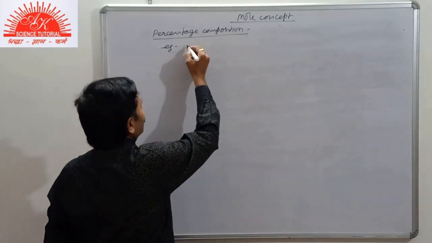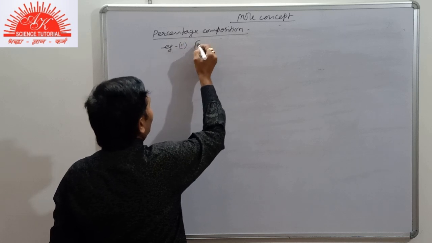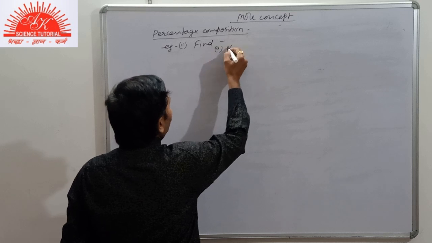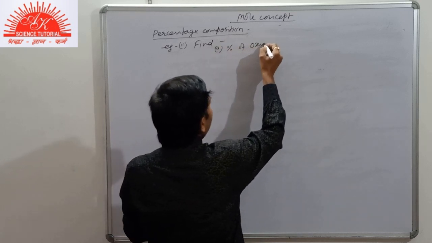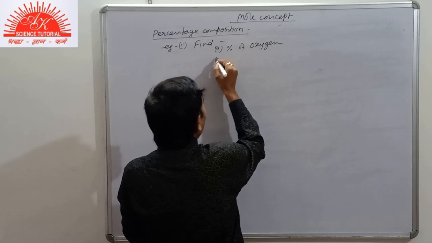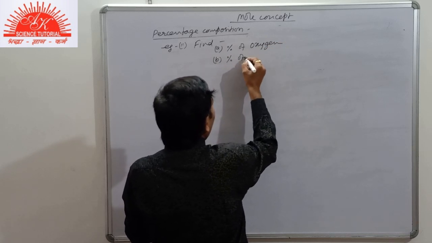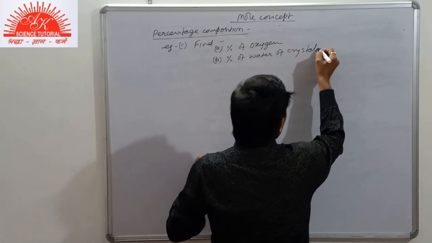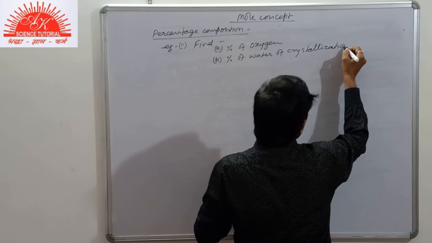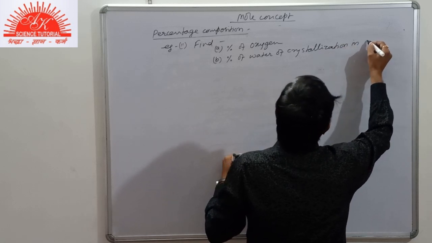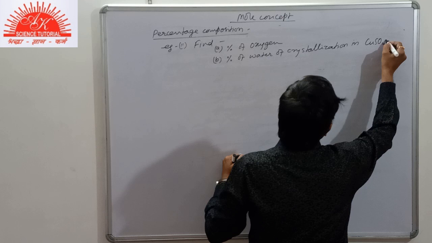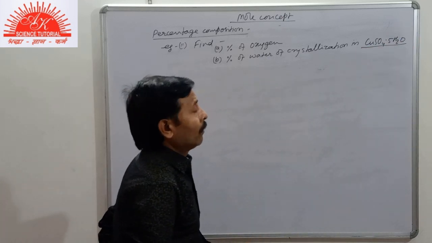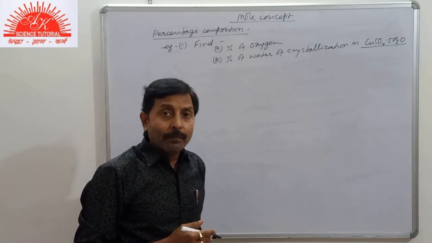Like the question is: find percentage of oxygen, and second, percentage of water of crystallization in CuSO4.5H2O. Means this type of question is given. Again proceed like the previous example.